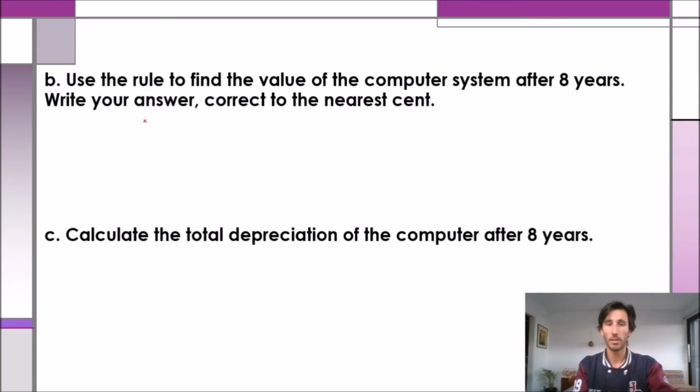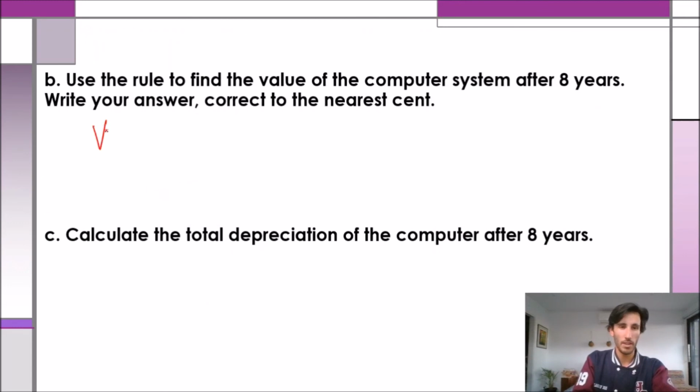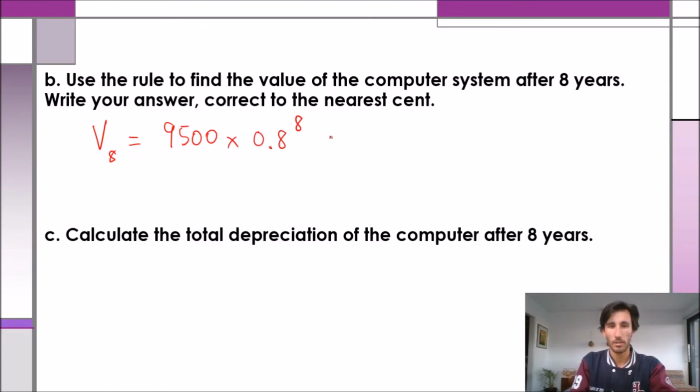Use this rule to find the value of the computer after 8 years. Write your answer correct to the nearest cent. Alright, so we're looking at V8 equals 9,500 times 0.8 to the power of 8.